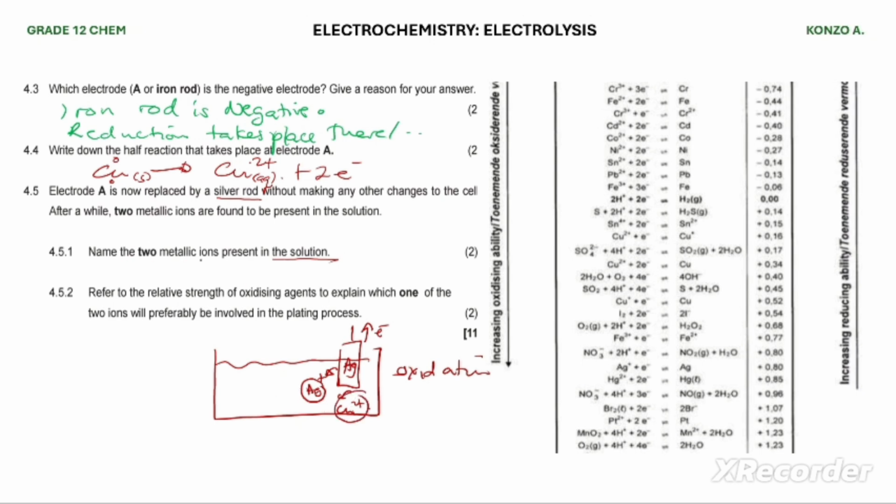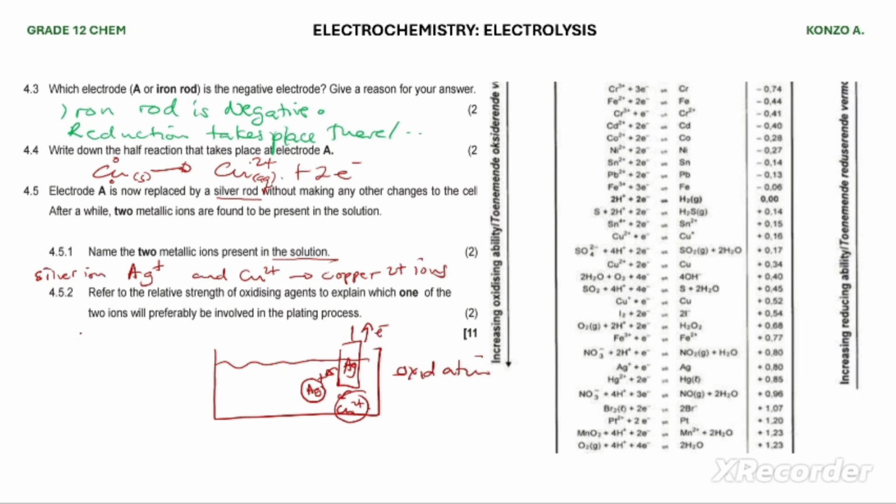So if we were to name the 2 metallic ions that are present, I think we've just gotten our answer: the silver ions and the copper ions. You can try to write that in words if you feel like writing it. So copper 2 plus ions, whereas these are silver ions.